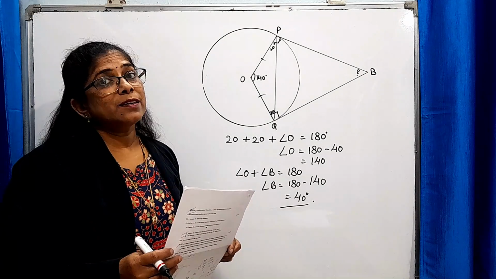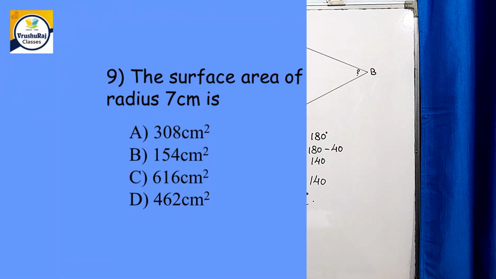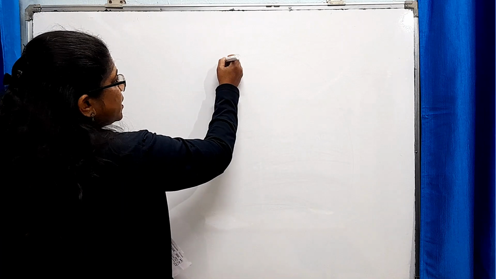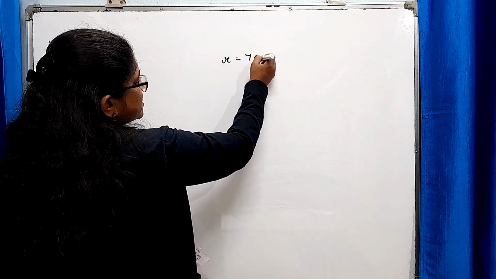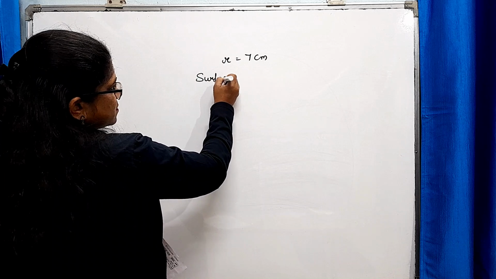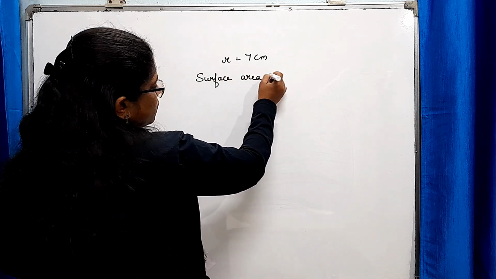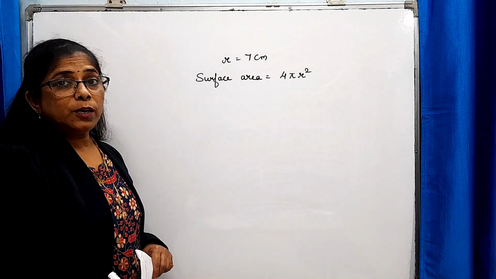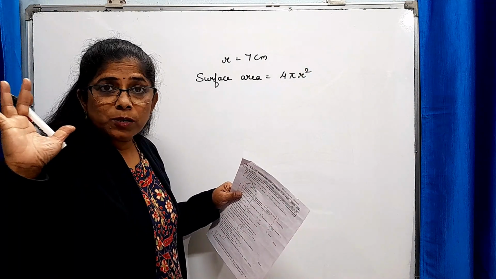Let's move to the next question. Now the next question is, find the surface area of the sphere of radius 7 centimeter. Radius is 7 centimeters and we need the surface area. The surface area of the sphere formula is 4 pi r square. Here you have to be perfect in the formulas.